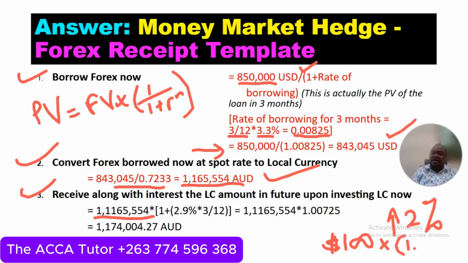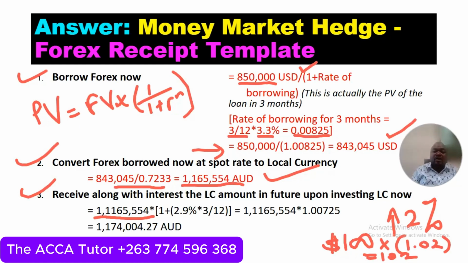That is 1.02. That's how it can increase. If you simply multiply 100 by 2%, you're not going to increase anything. So in this case, it becomes 102. The amount now in the bank is 102.